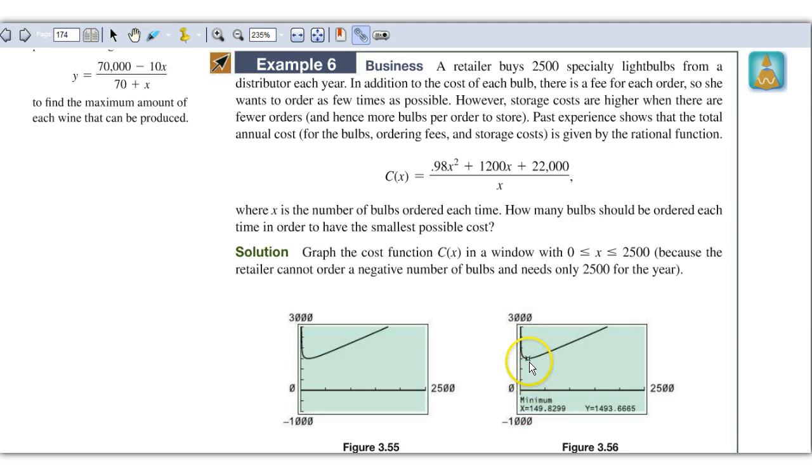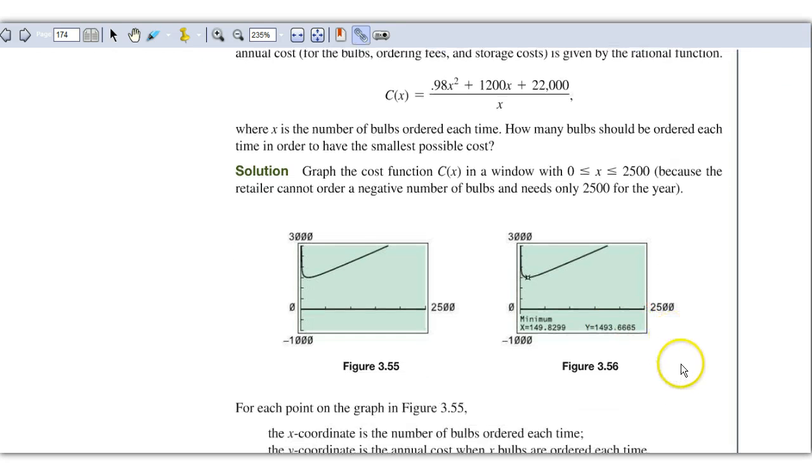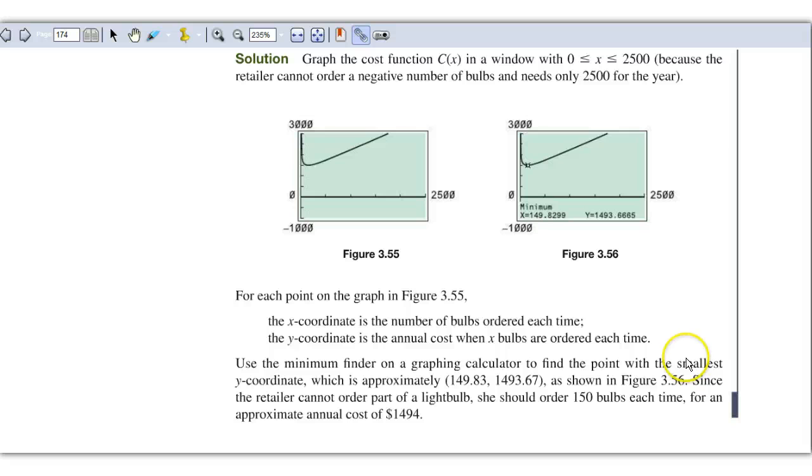So that's the minimum then of your graph. So for your X value, that's about 150. And for your Y value, that's about a value of $1,494 if we round it off, and there's what they're showing here.